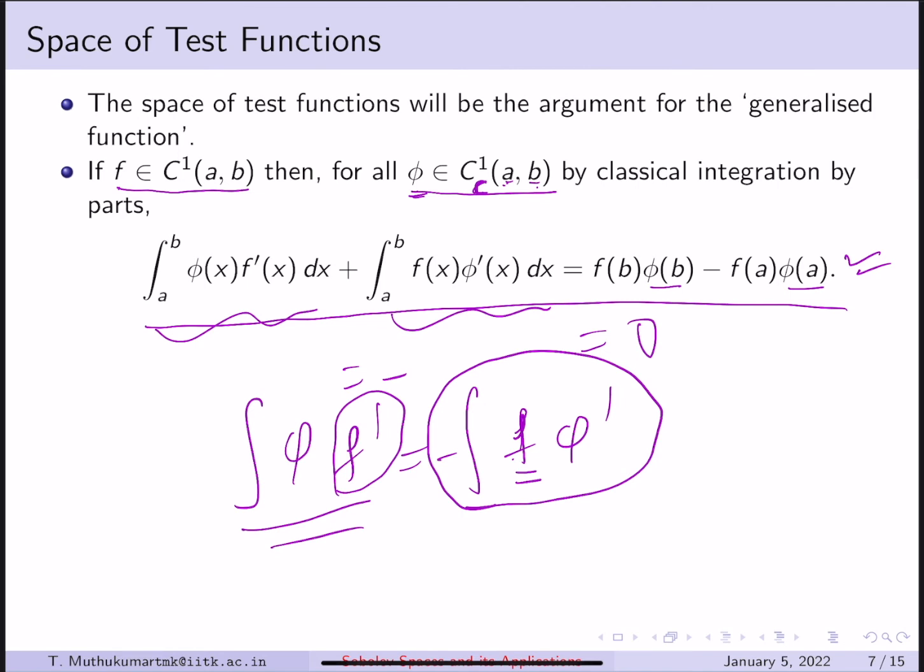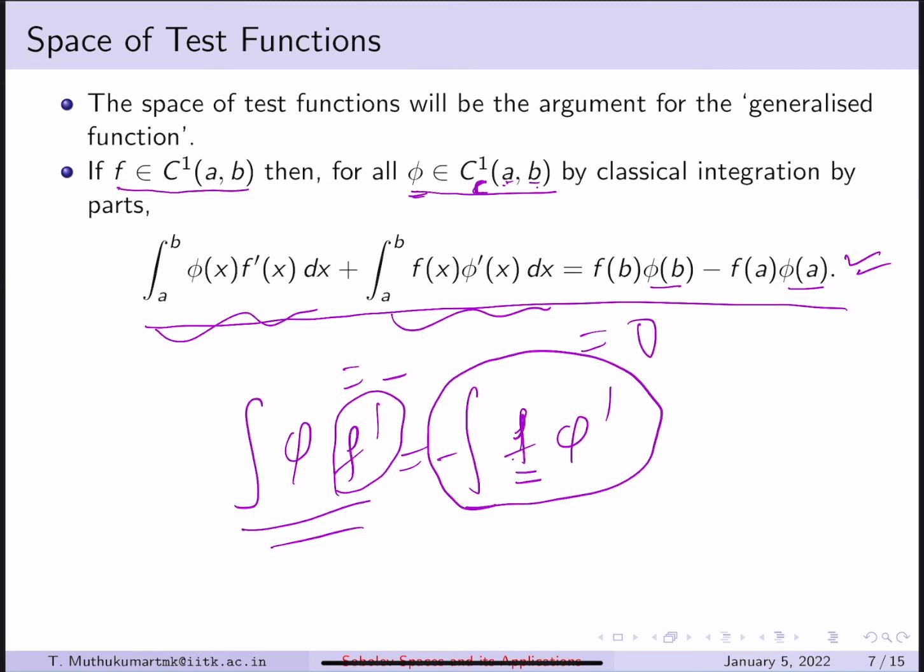So this is the motivation for generalizing. Here you have a property of the derivative, and this property is what we will use to generalize the notion of derivative for generalized functions, okay? So this is just a motivation. You will understand it better as we go through the course, but I'm motivating now why the choice of test function has to be something particular, okay?